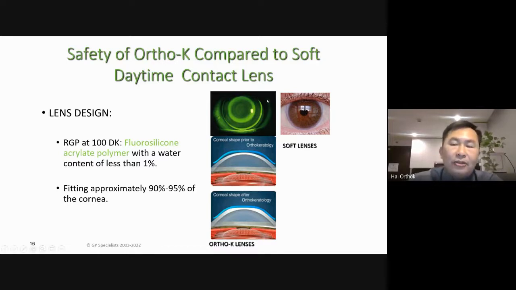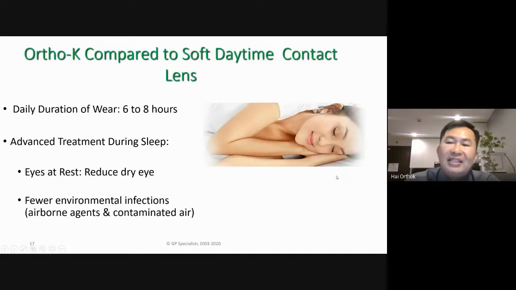The hard lens, the Ortho-K lens, is very safe because it has a design with very good tear film, which provides very good prevention of dryness for the patient at nighttime if we fit correctly. Because of that, my fitting of Ortho-K is very much focused on the reverse zone, not the base curve, not the alignment curve, but centration with a good reverse zone is what we actually focus on. And Ortho-K is safe to wear at nighttime.